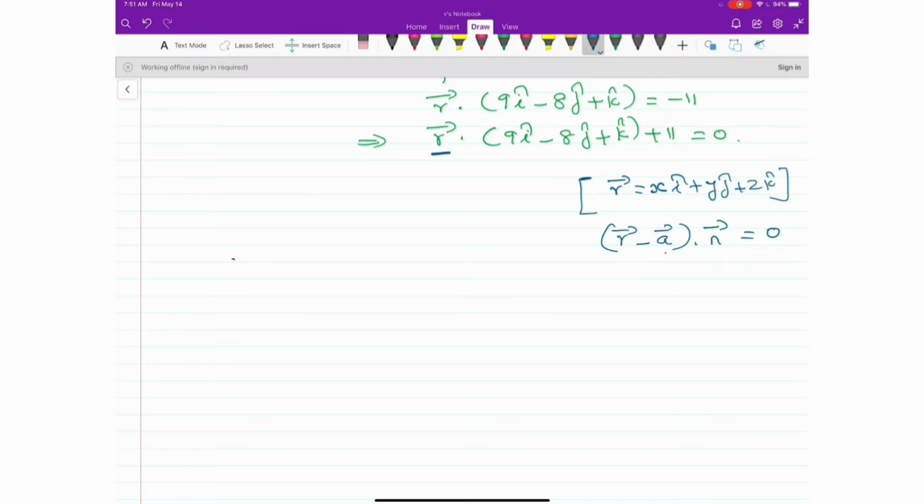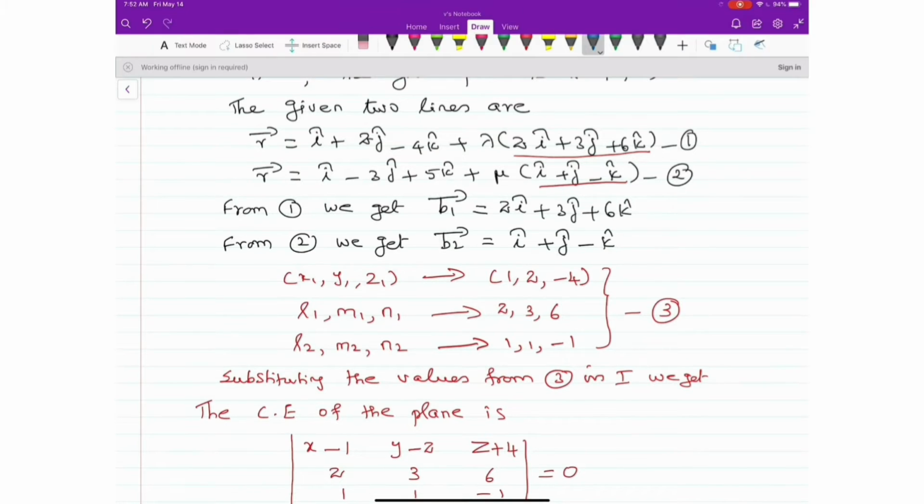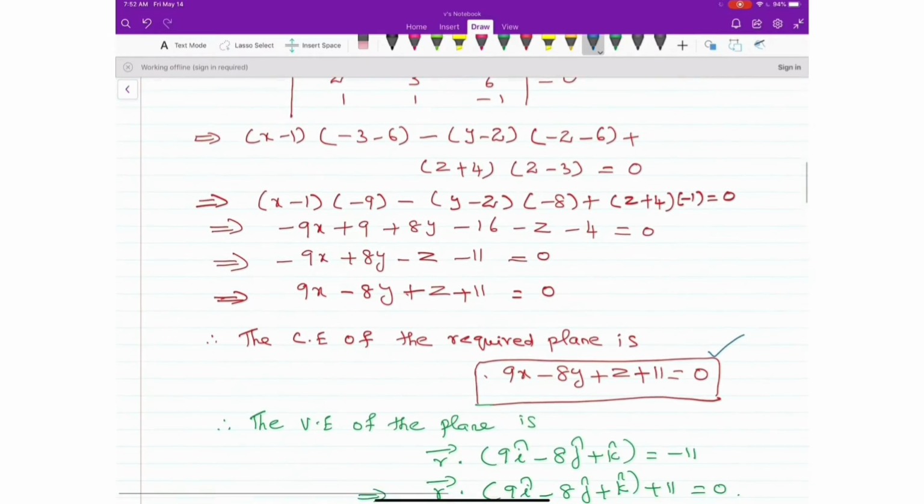And in my previous session, I had already explained to you, this n vector is nothing but vector b1 cross vector b2. So, you know vector b1, you know vector b2. Already I have written it here for you. You know the position vector of the point through which the plane is passing.